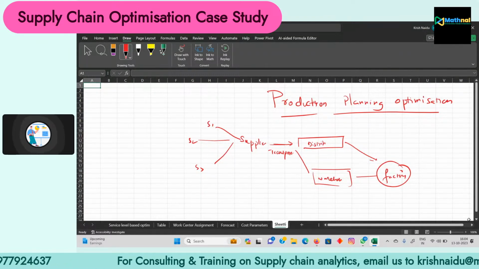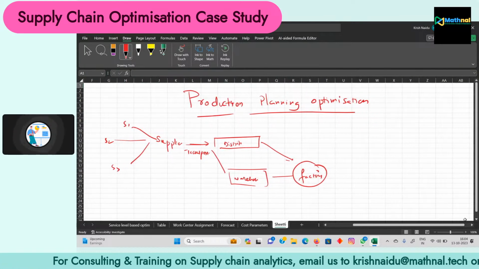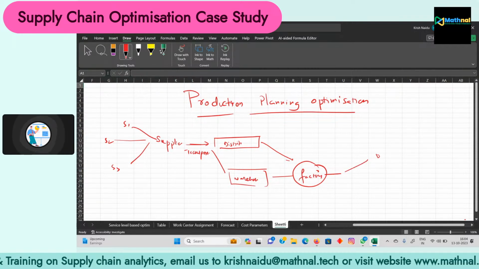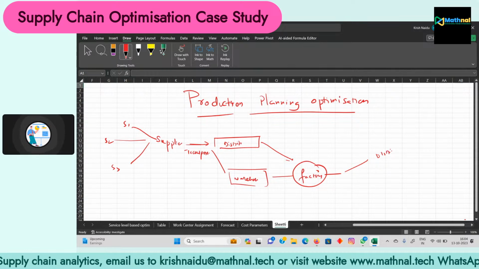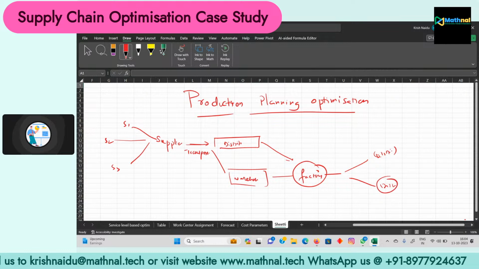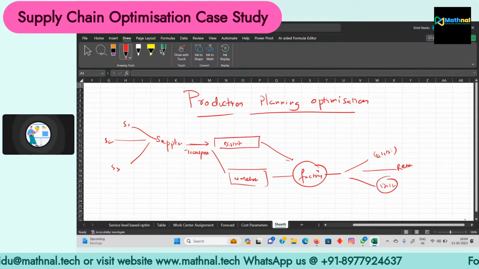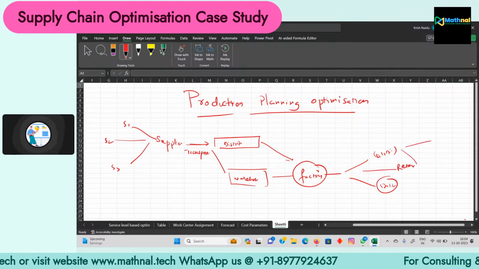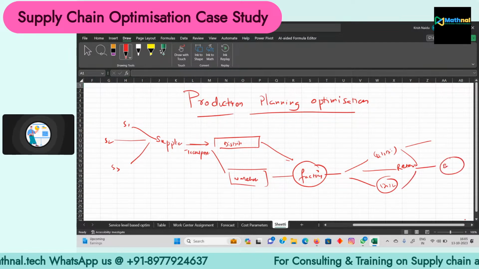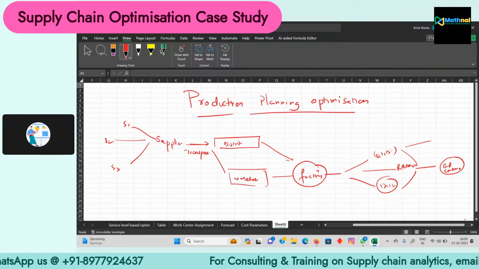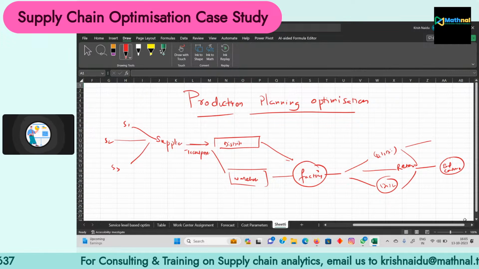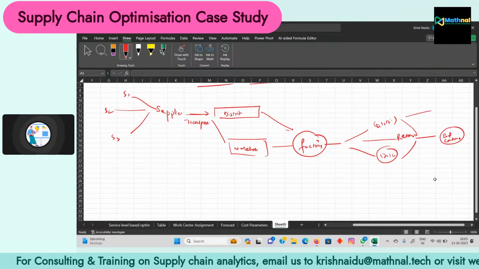Now your factory has to produce the goods and ship them to the distributors on the downstream, or maybe the retailers, and retailers will finally give it to the end consumers. So this is a simple supply chain. We're not building the total complex supply chain. We're building a very simple supply chain.